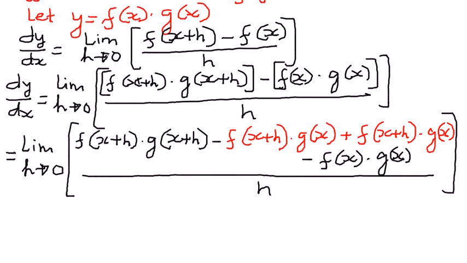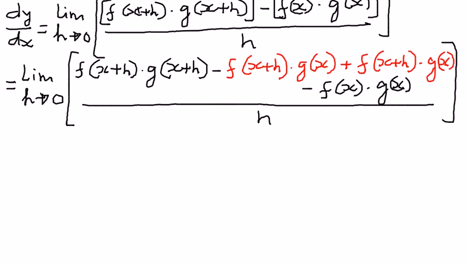So now if I look at this expression which I have just written, I want to combine f of x plus h times g of x in the first bracket, with f of x plus h times g of x, and then close this bracket.